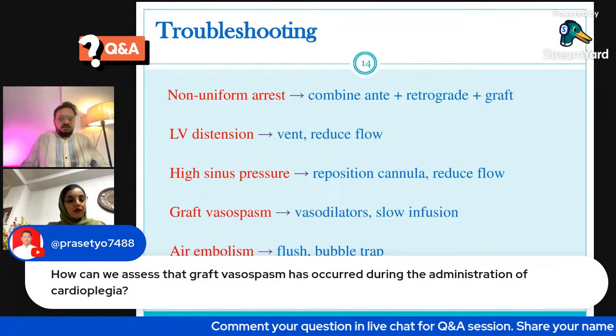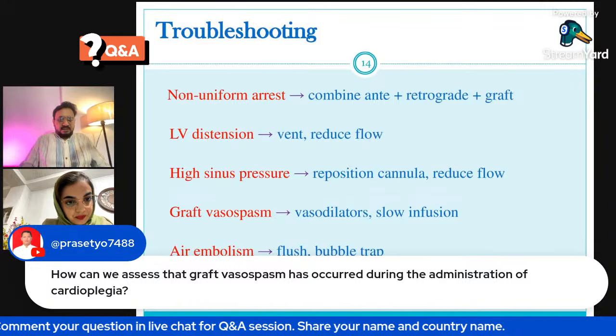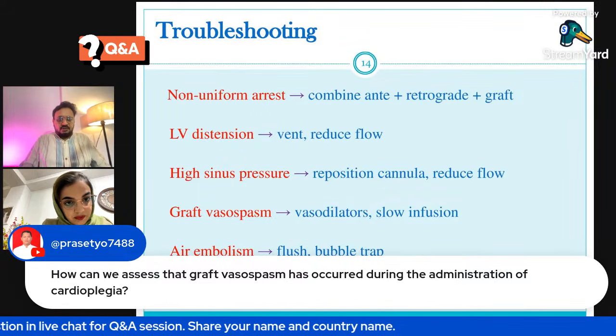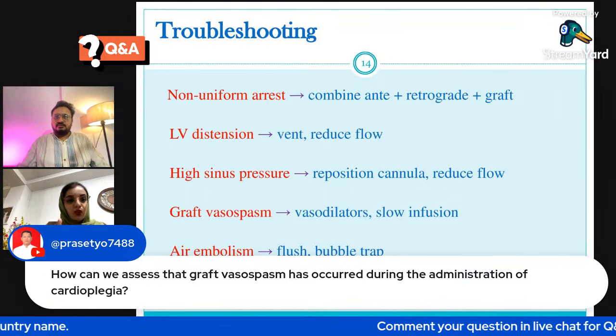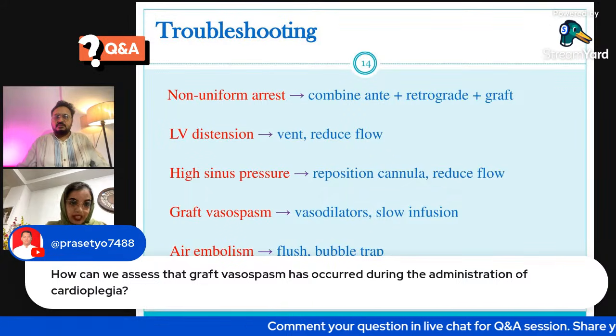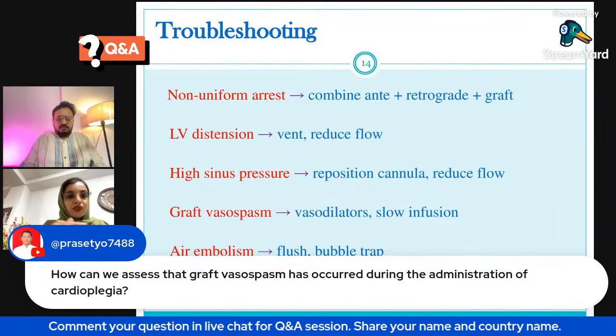So this is a very important question. How can we assess that graft vasospasm has occurred during the administration of cardioplegia? For example, the flow is less but the pressure is higher, low flow and high pressure.